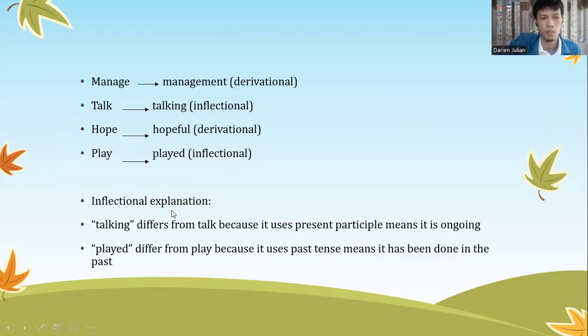For the inflectional explanation, talking differs from talk because it uses the present participle, which means it is ongoing. Meanwhile, played differs from play because it uses the past tense, which means it has been done in the past.